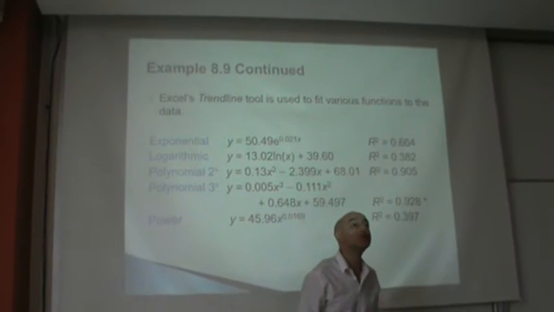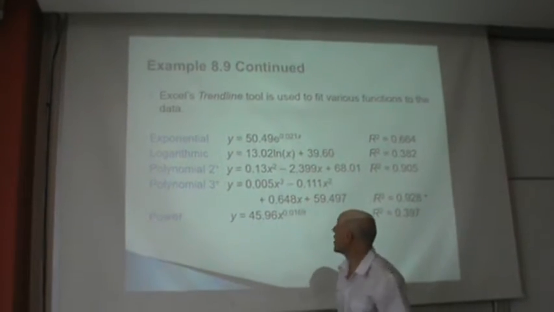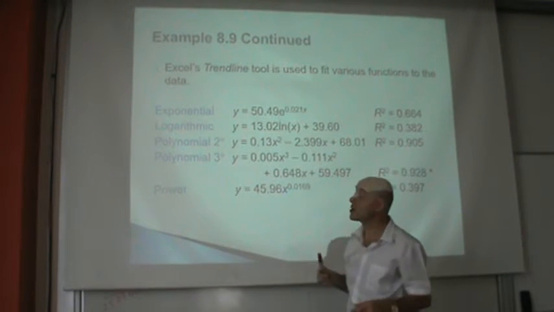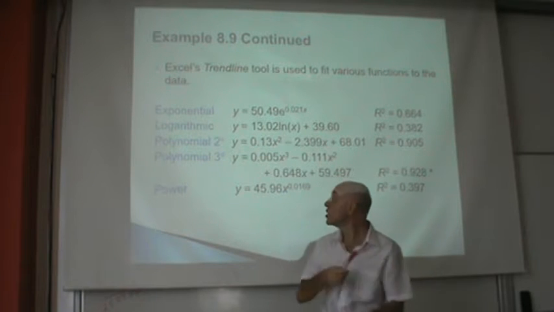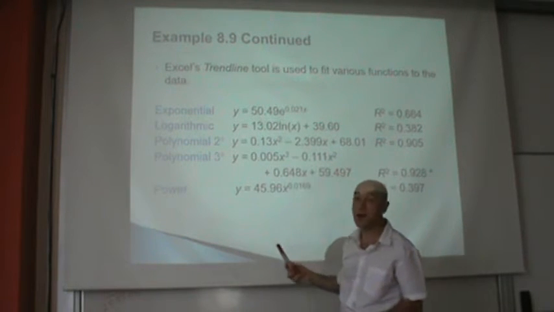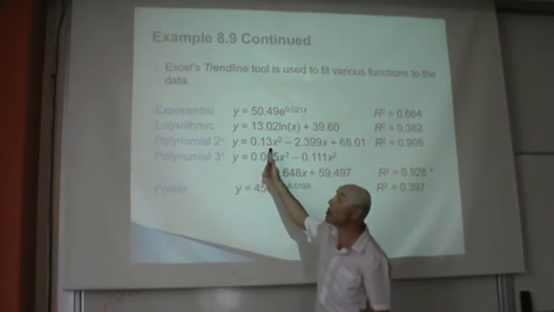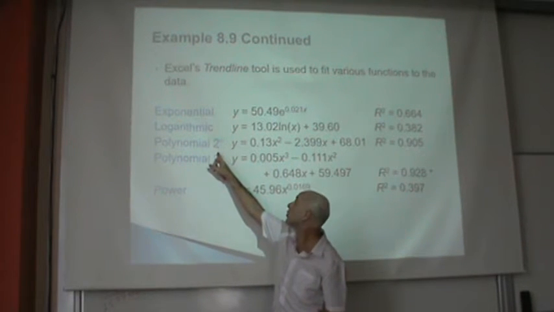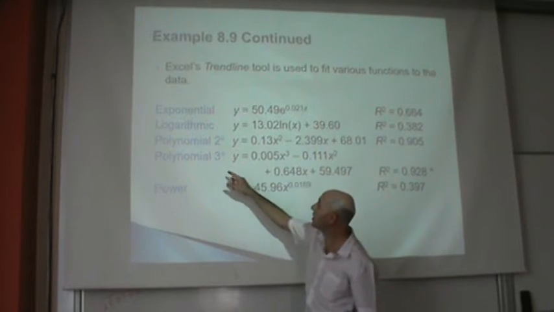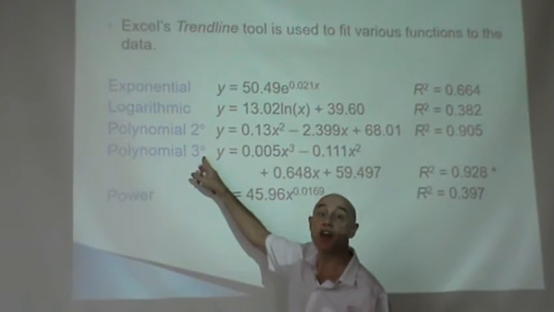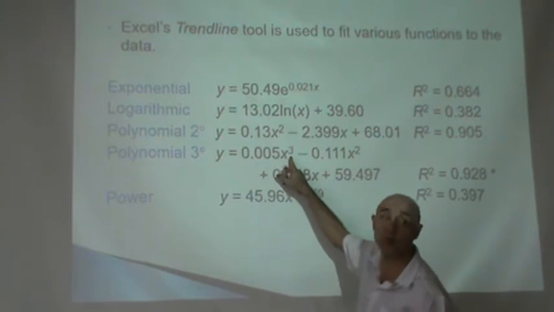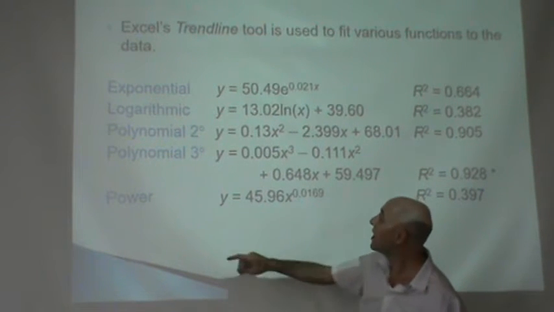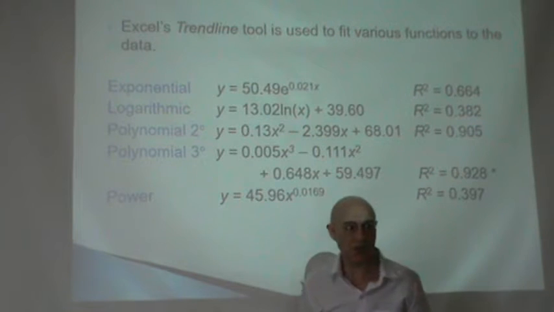When you use particular data, you may try to fit an exponential function, and this is what the exponential function looks like. You may try to fit a logarithmic function or a polynomial function. This is a second degree, which will include a square. A polynomial of third degree will include a cube and a square, and maybe a power function.